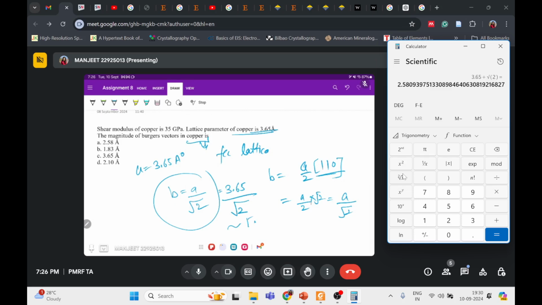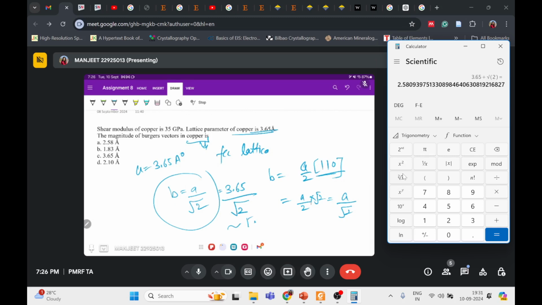Then it will give you 1 by 2 into 35 into 10 to the power 9 into 3.65 square, divided by 2. So this will be 35 into 10 raised to power 9 divided by 4 into 3.65 whole square.